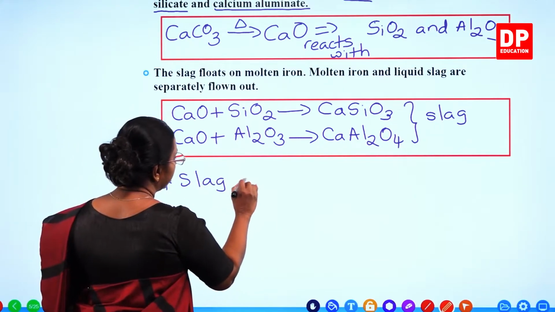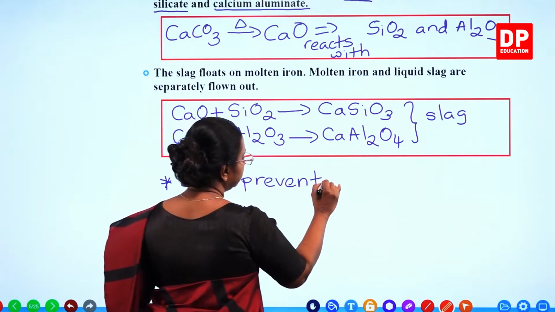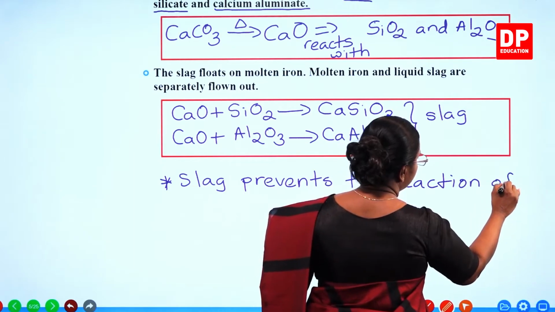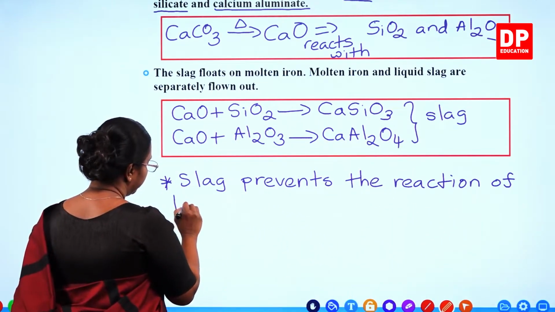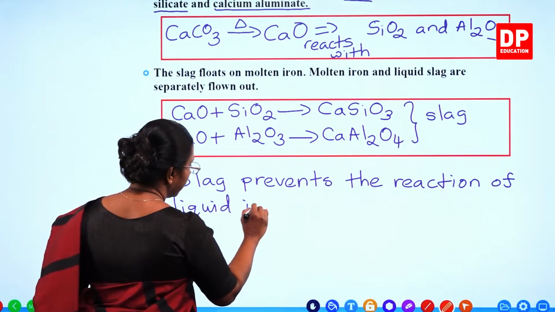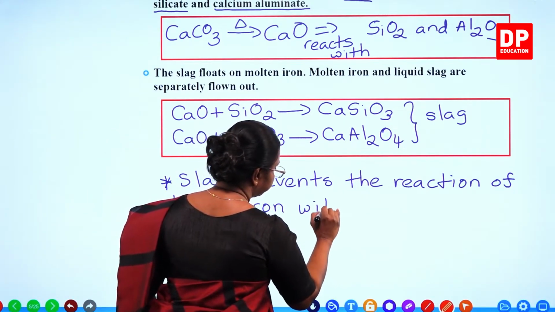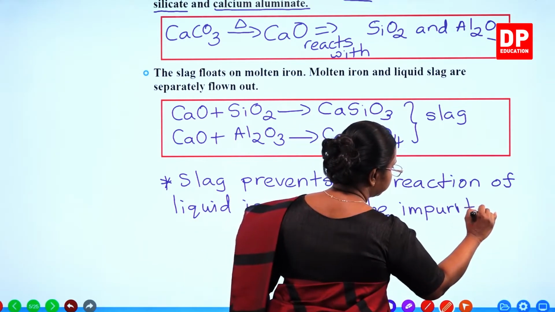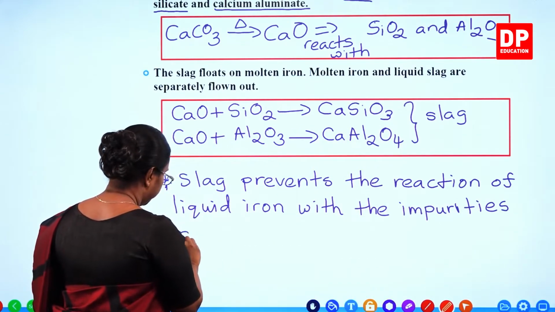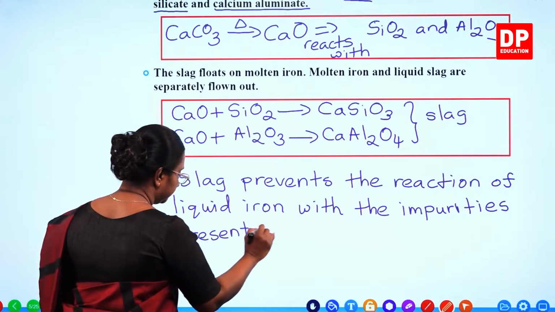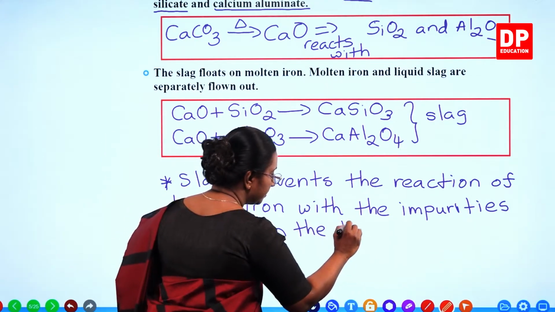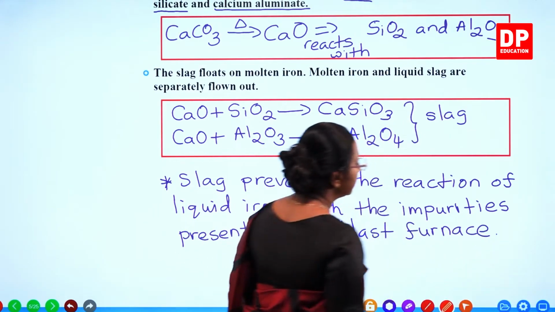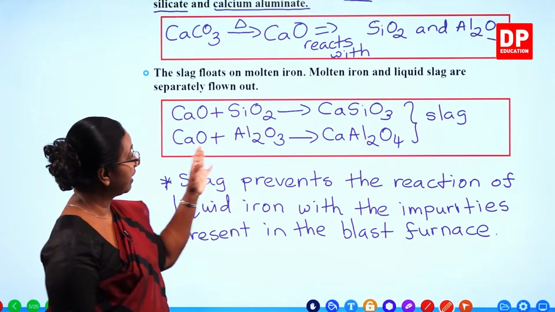Slag prevents the reaction of liquid iron with the impurities present in the blast furnace. So that is an advantage of having slag.